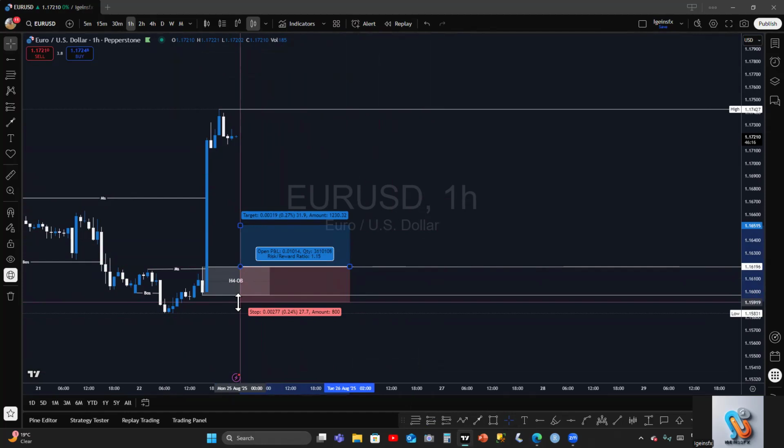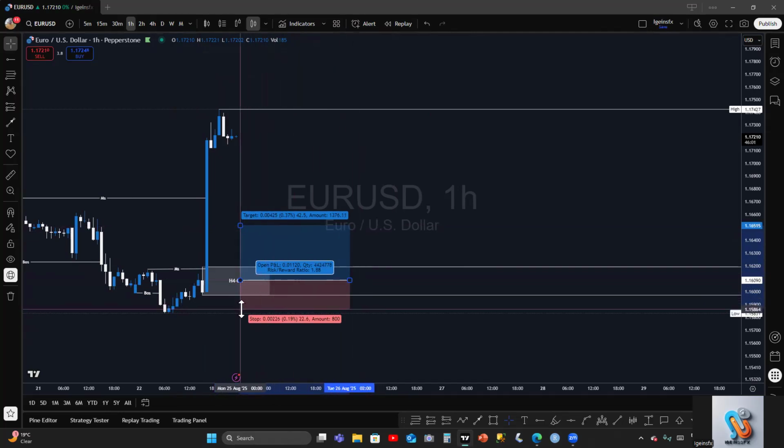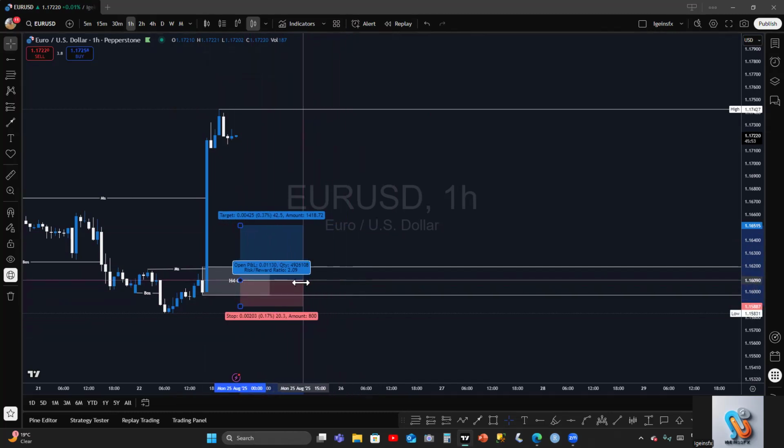What is it? 27. I would rather prefer to take the midpoint where the price stopped. Midpoint. All right, so we push a little down. Let's give 20 pips. All right.